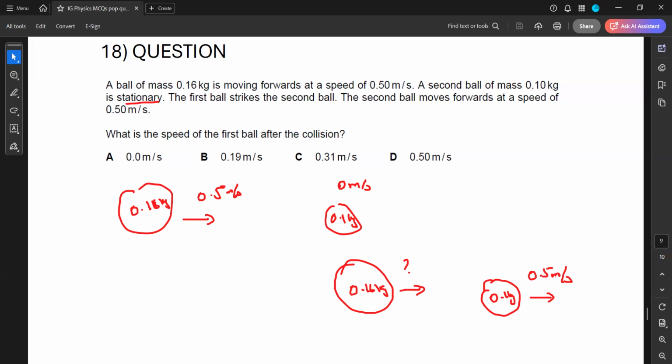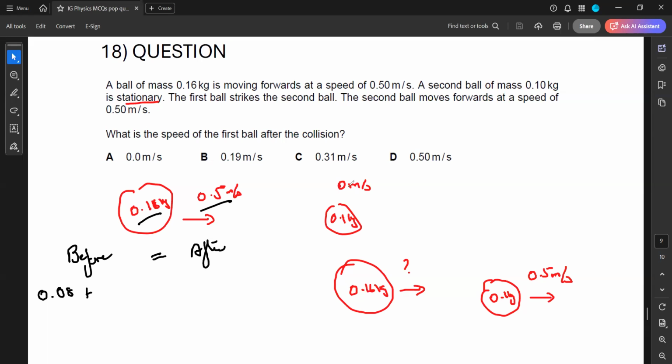So what is the momentum before? That is 0.16 multiplied by 0.5, which is half of it. The sum of the momentum before must be equal to the sum of the momentum after. So 0.16 into 0.5, we got 0.08.